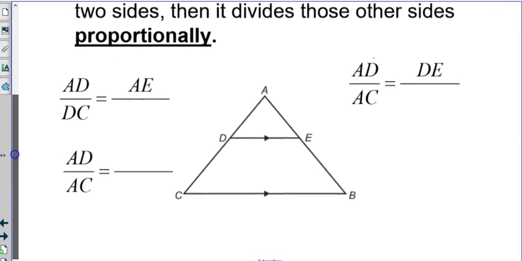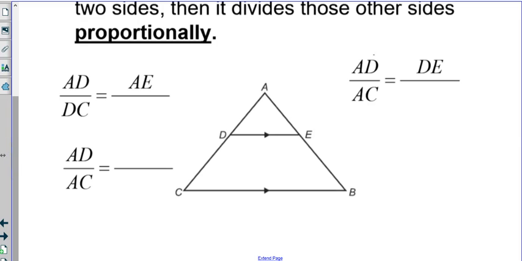Let's go with this a little bit more. So AD, right here, is proportional to DC. Right? The same way, AE is proportional to what? EB. Okay? Over here to the right, AD is proportional to AC.